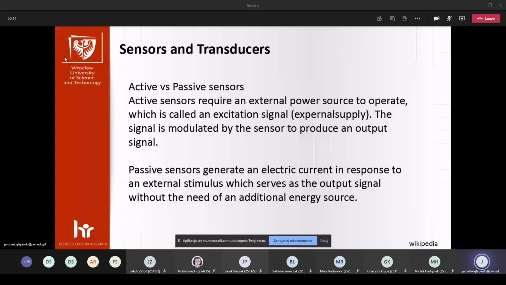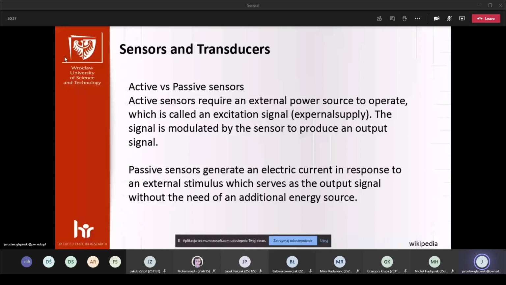The signal is modulated by the sensor to produce an output signal. So the physical or chemical changes cause changes in the output signal of the sensor. This is why we are going to measure some environment changes.